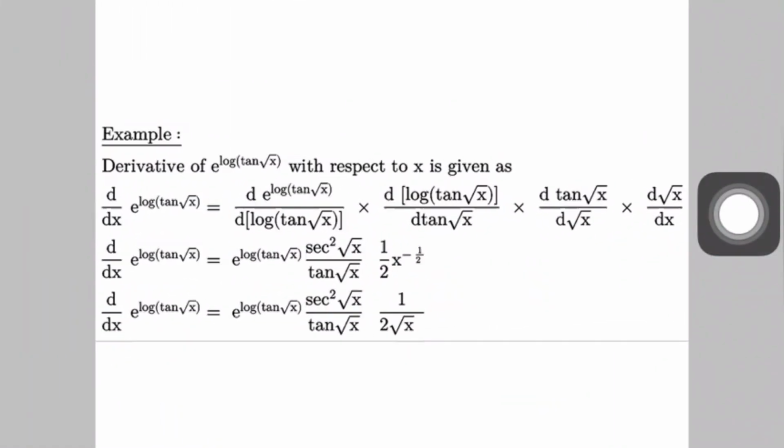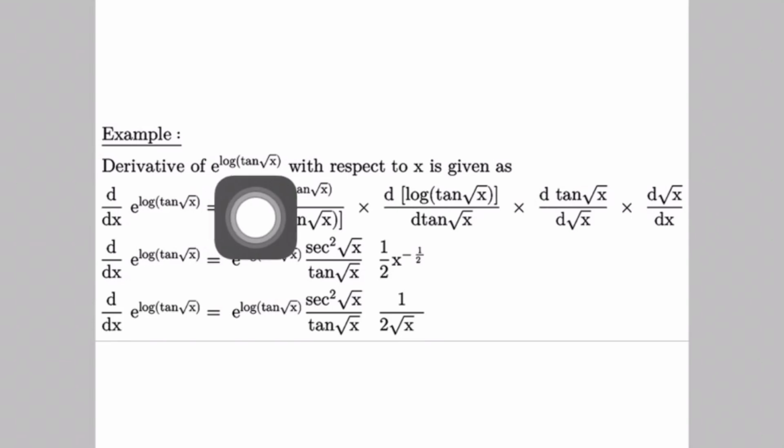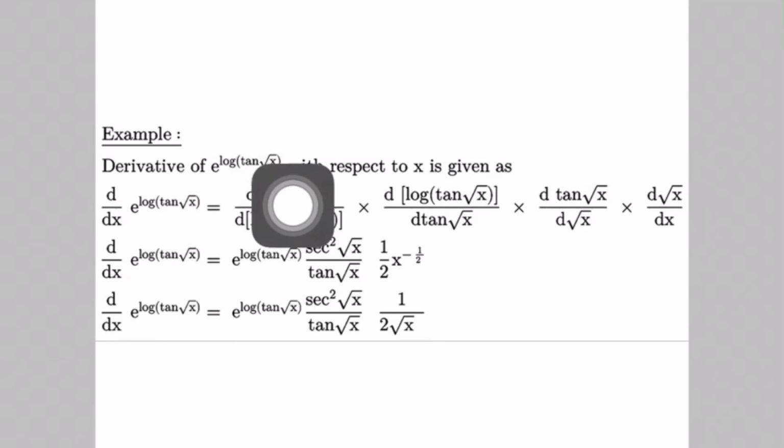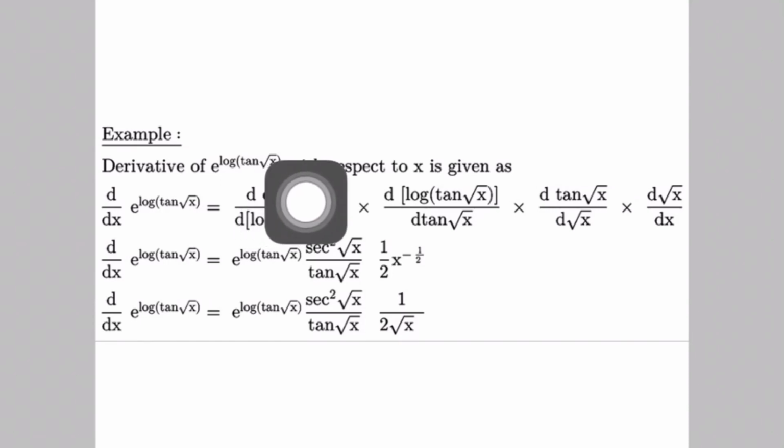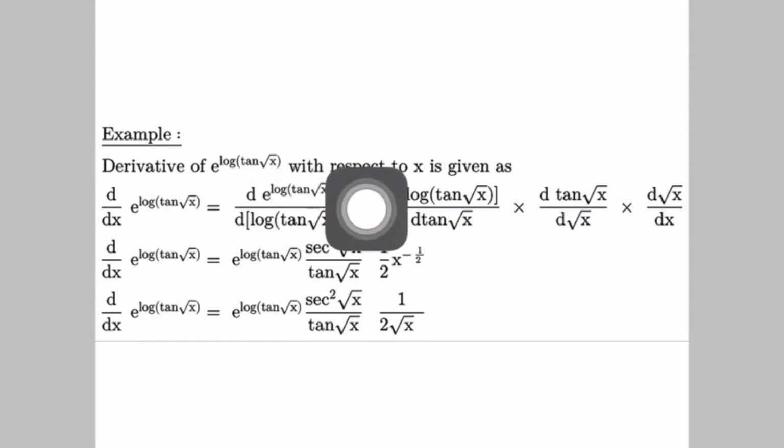You can consider the exponential function as y, the log function as u, tan as v, and root x as the next one, so in this case there are four functions: one is exponential, another is log, another is tan, and also square root, and the last variable is x.